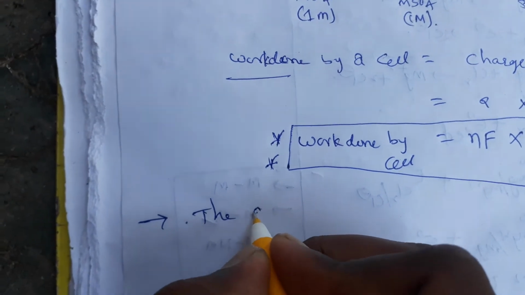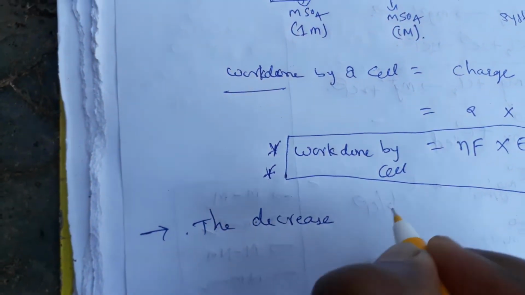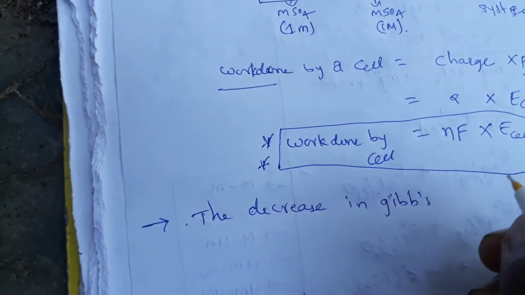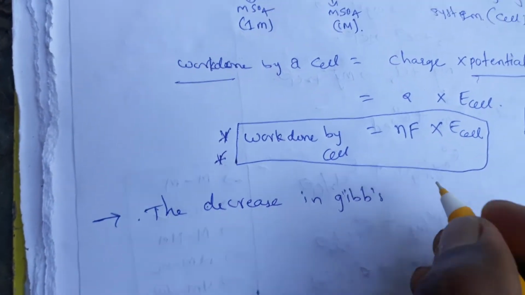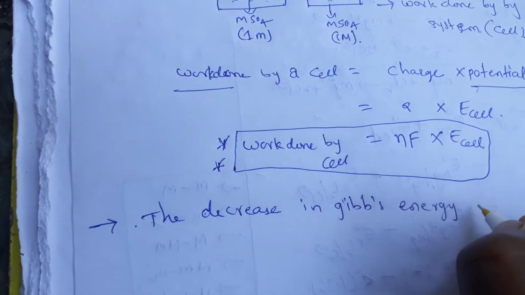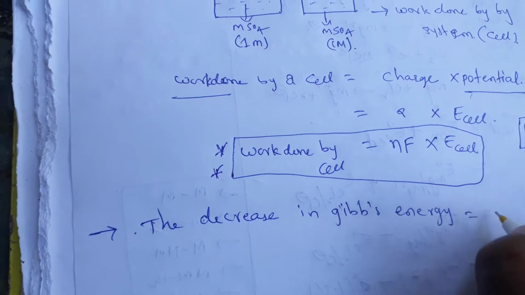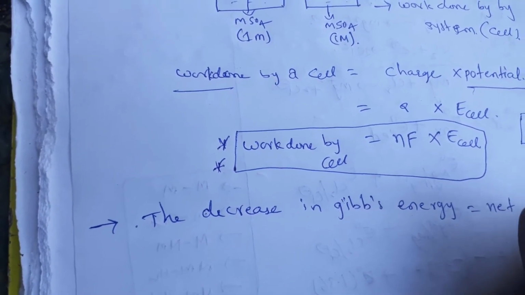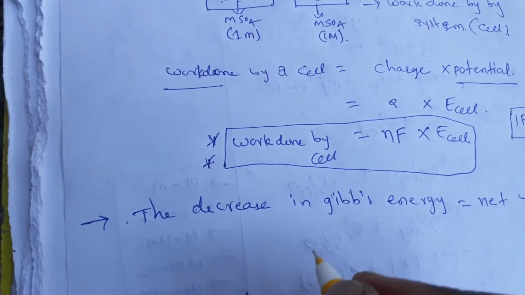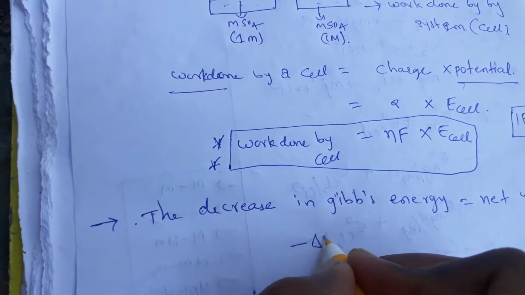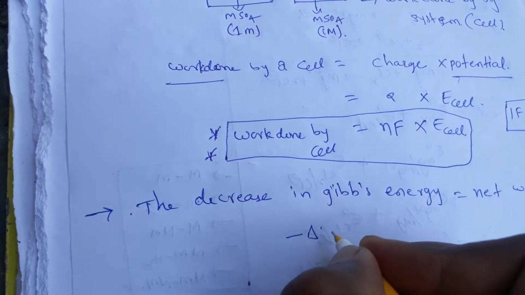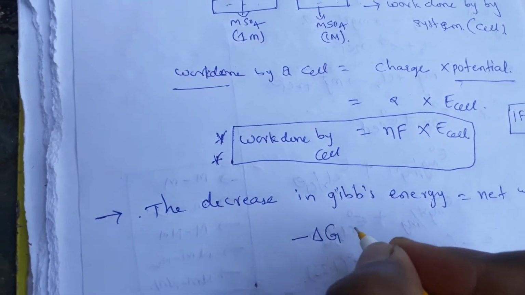Work is energy here, so the Gibbs energy is equal to the net work done by the cell. We cannot calculate the Gibbs free energy or Gibbs energy directly. We can calculate the change, which will be delta G.